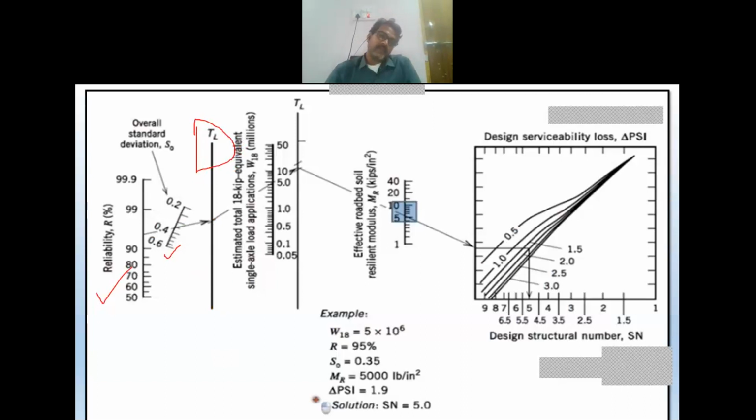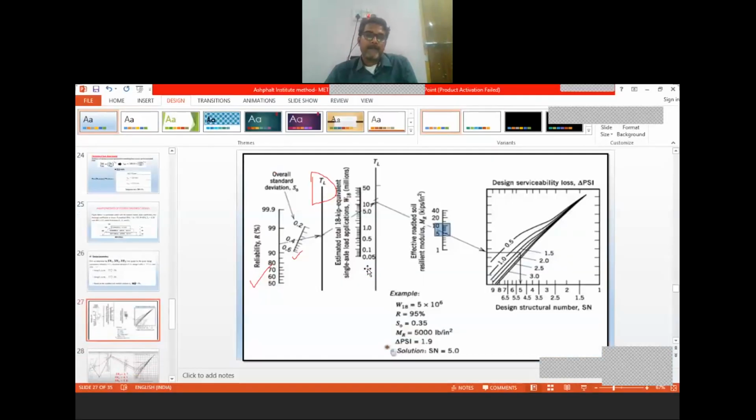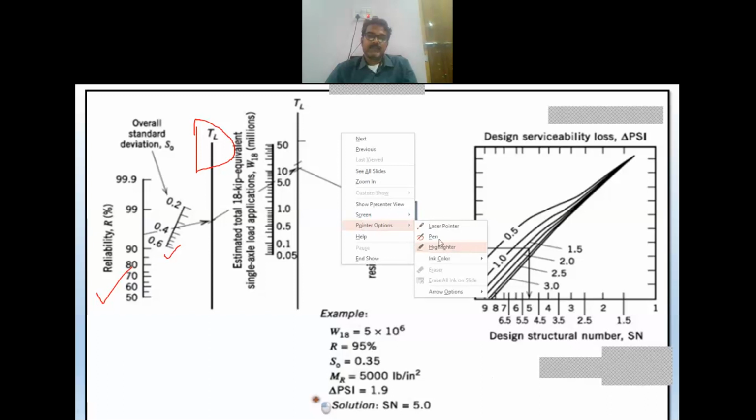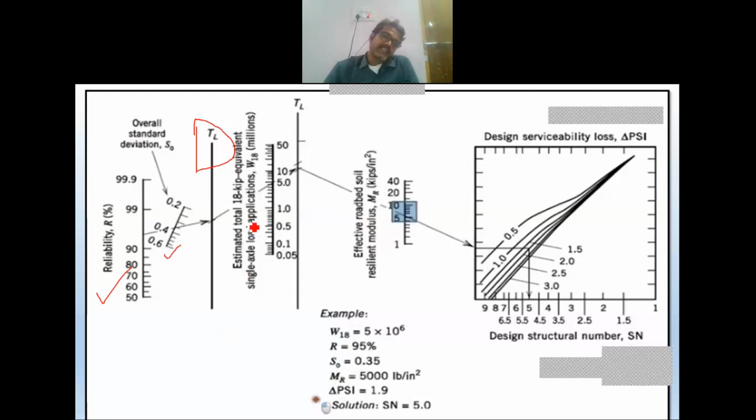After the first turning line comes estimated traffic intensity, the vertical axis, which begins from 0.05 to 50 into 10 power 6 equivalent standard axles, and again there will be another turning line.